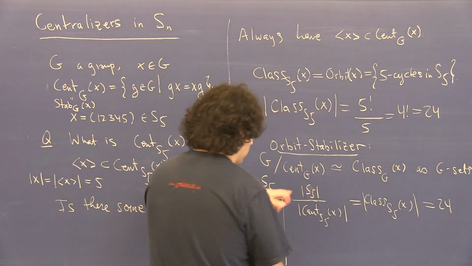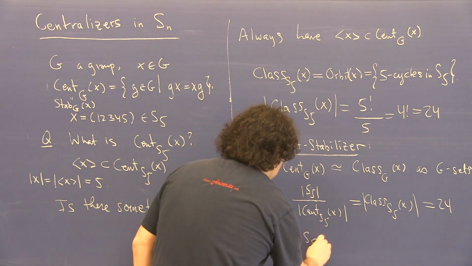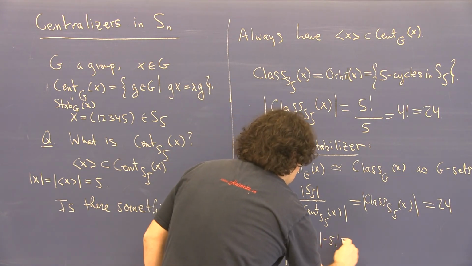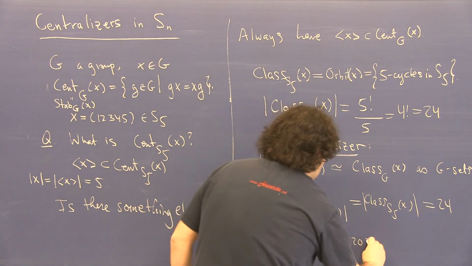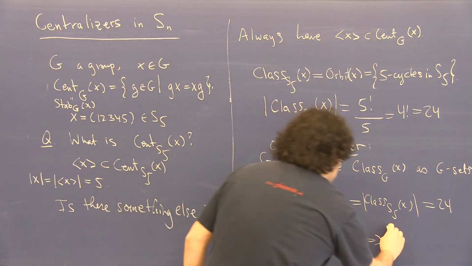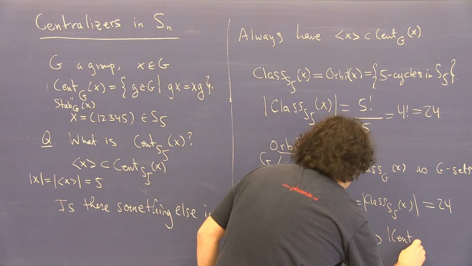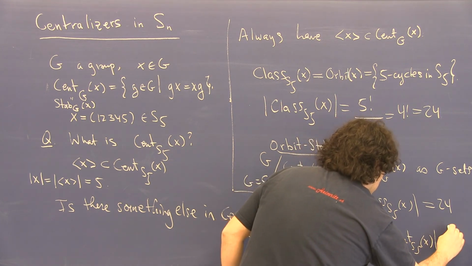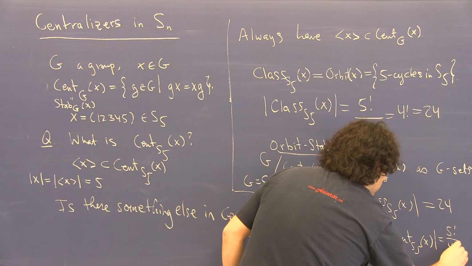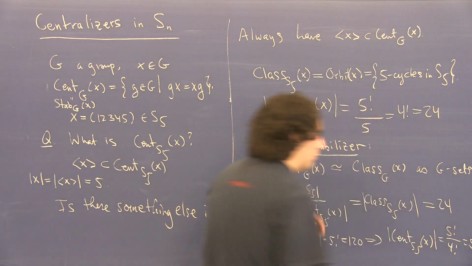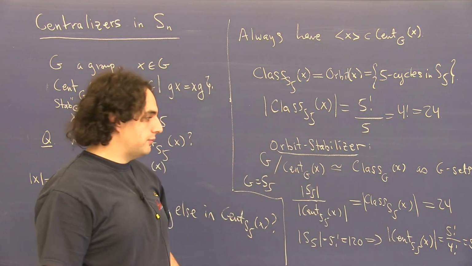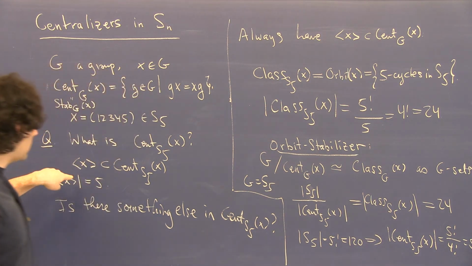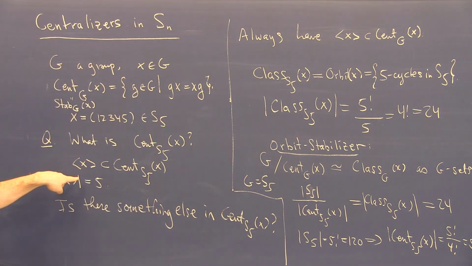The order of S5 is 5 factorial, which is 120. So from this equation, we get that the order of the centralizer in S5 of x is 5 factorial divided by 4 factorial, which is 5. But we already had 5 elements. Okay?